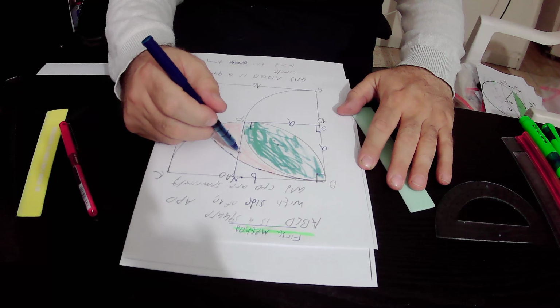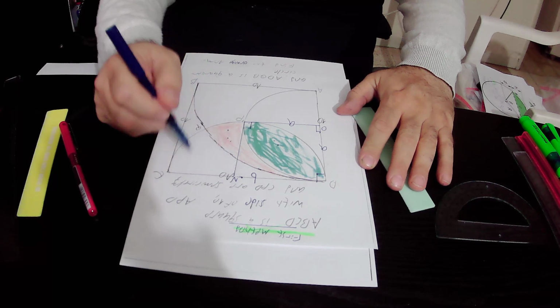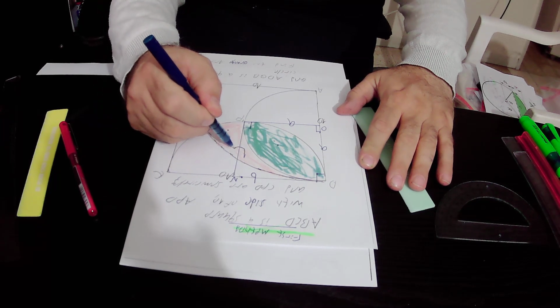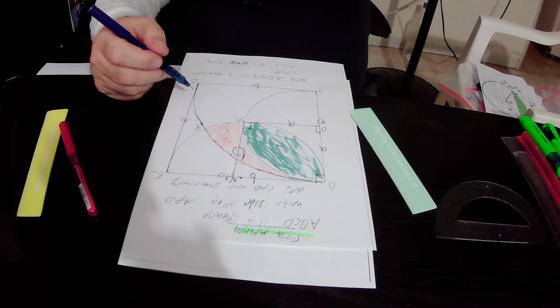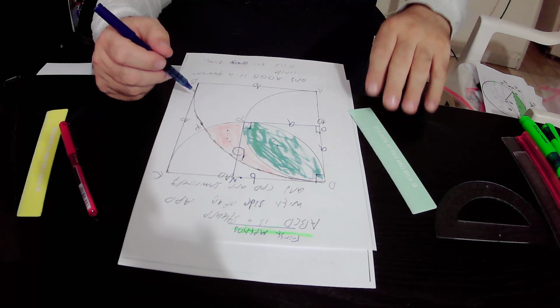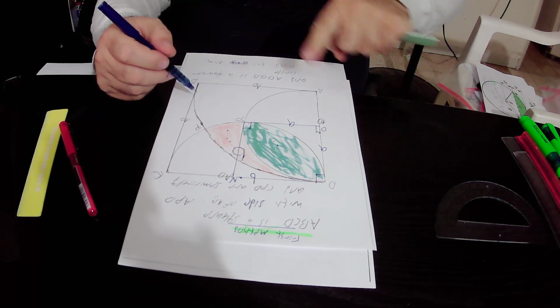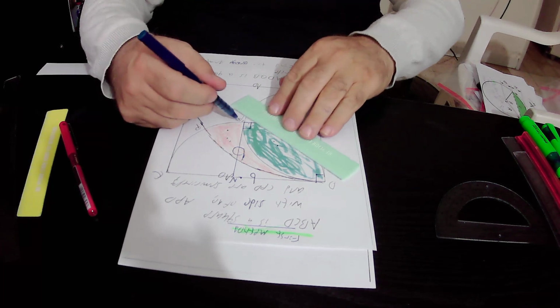That is to say, it is also the radius of this semicircle that is equal to B. Okay? So we will join points D and P together by a straight line.